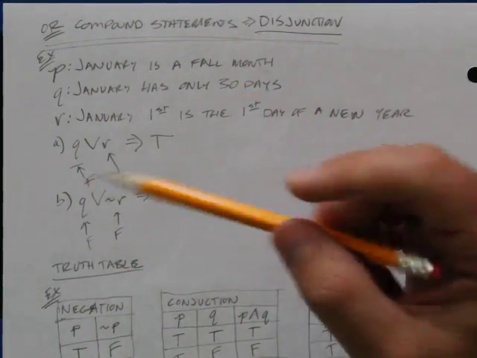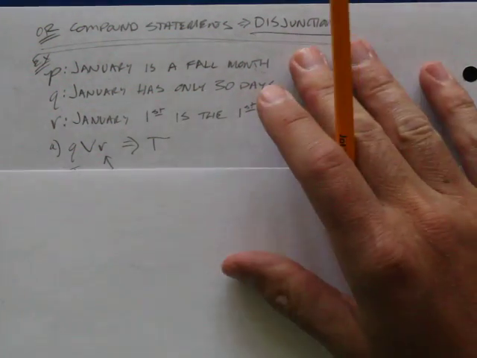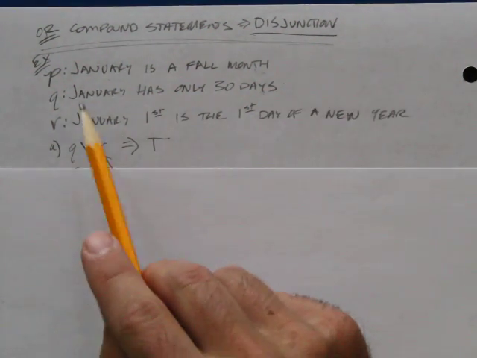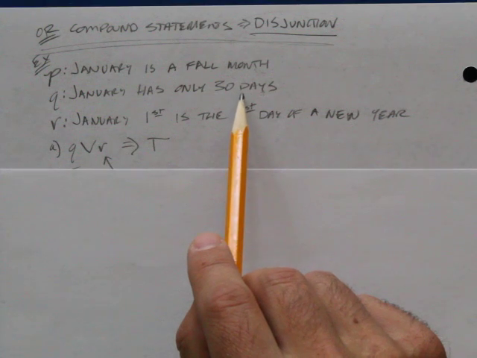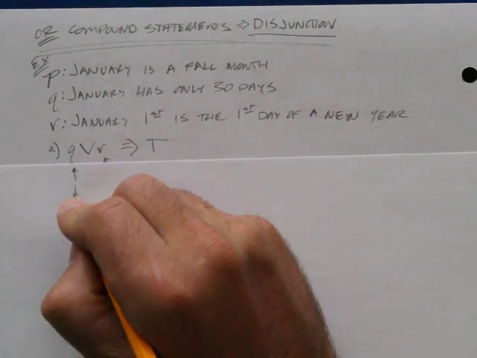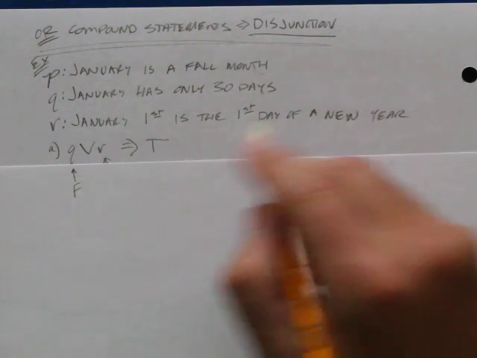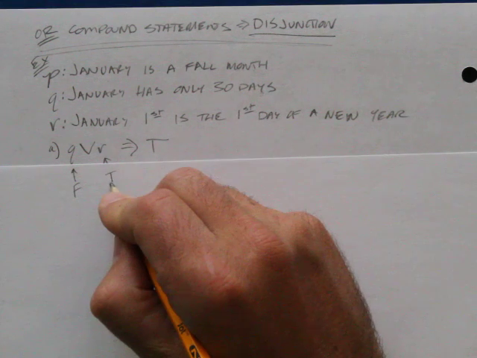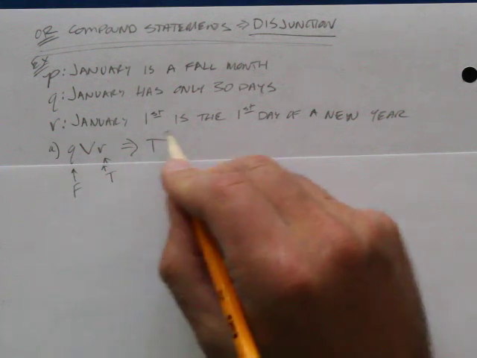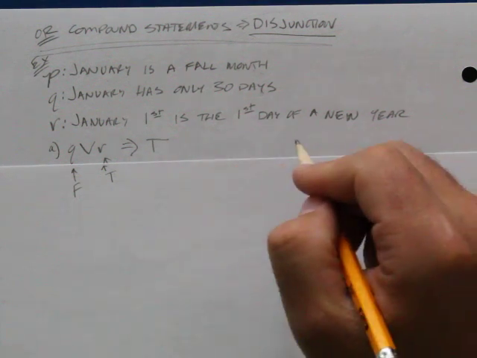Okay, so now let's look at these together. Q is January has only 30 days. So Q, that one is false. Or R is true. January 1st is the first day of the new year.